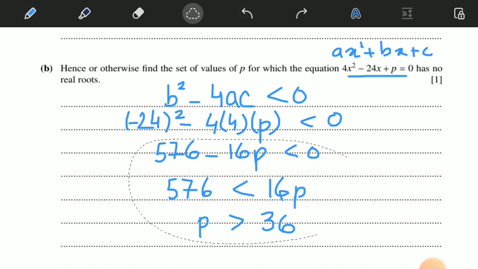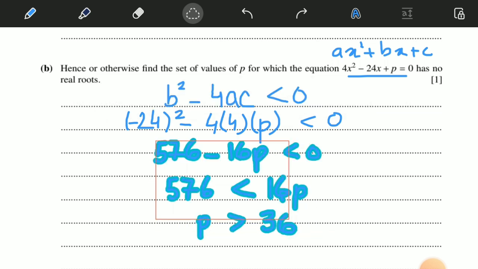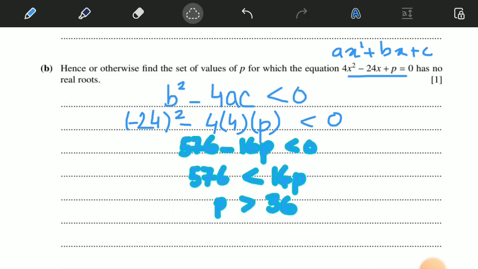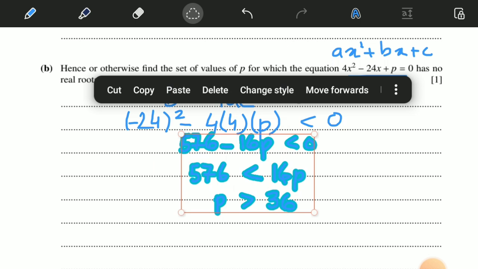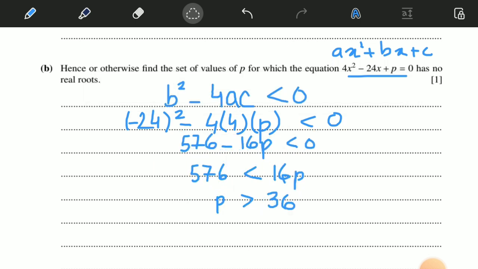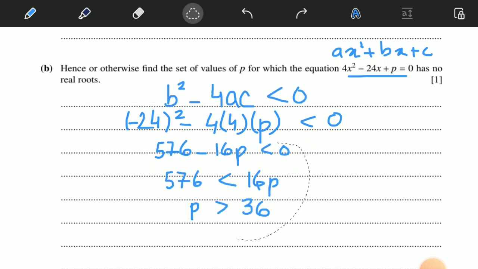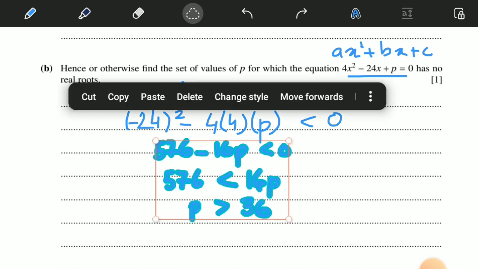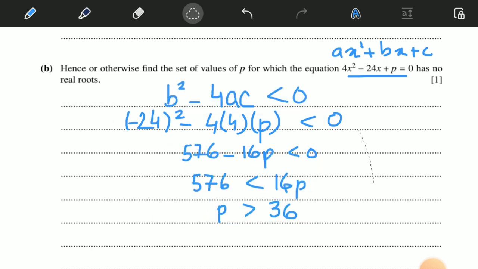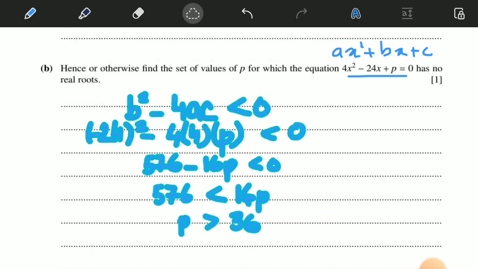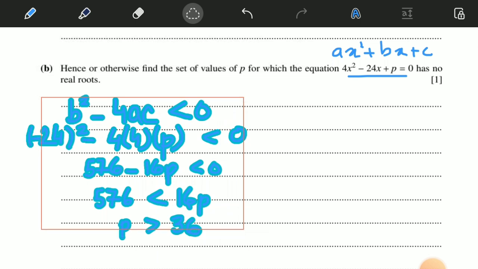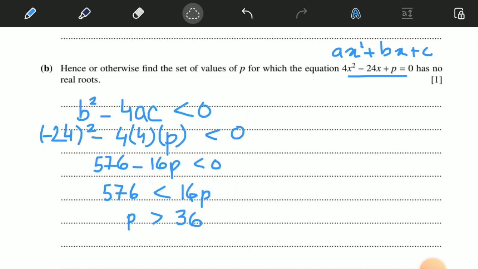Okay, now let me just arrange this a bit for you, and let's do the second way of doing it. I'm drawing a line over here.